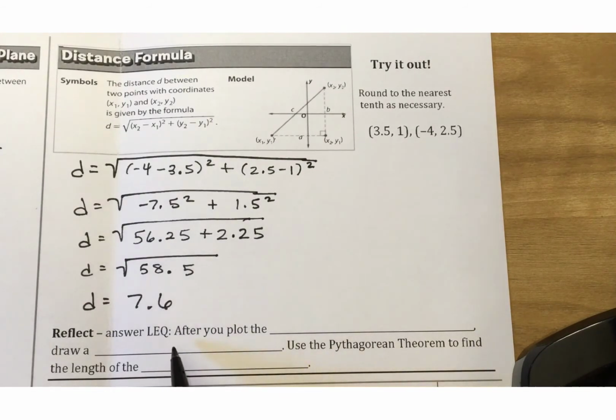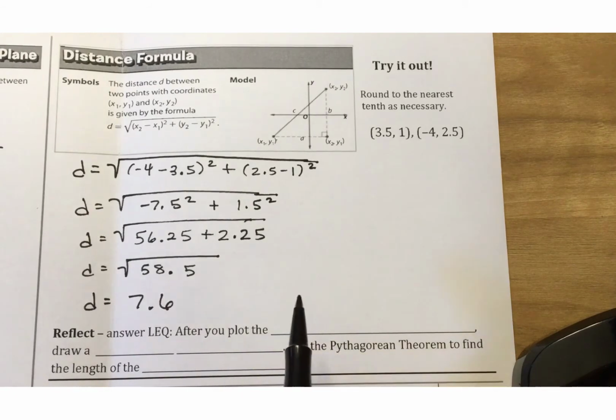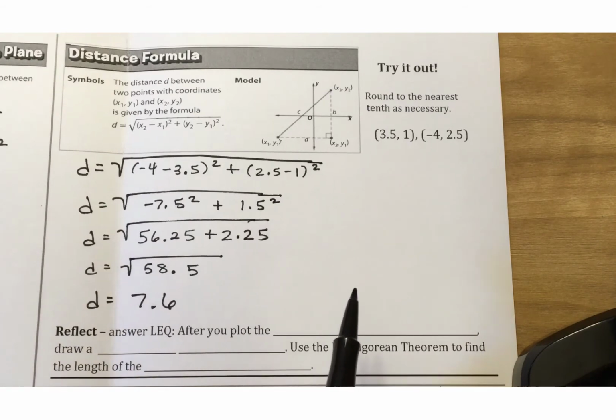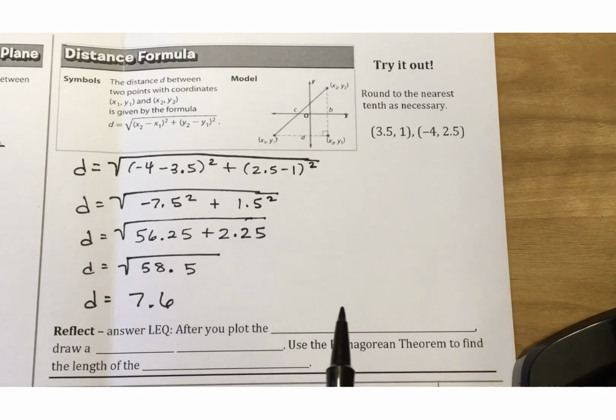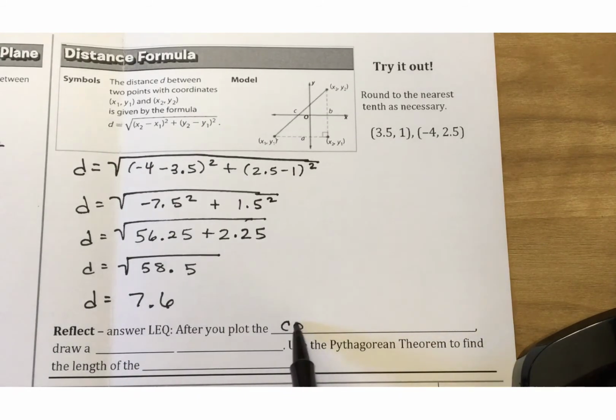So going back to our EQ, we're looking at what do we do when we are using the Pythagorean theorem to find the distance between 2 points. So as we did in the problem over here, we know that you're going to plot the coordinates.